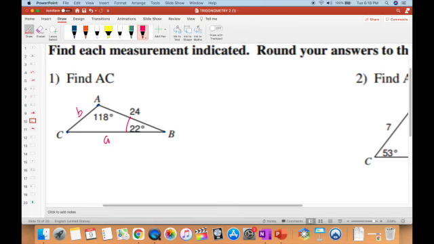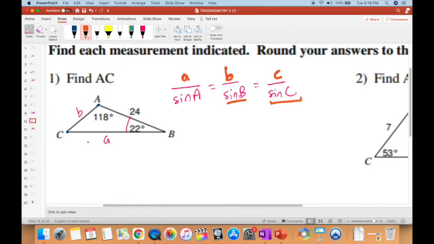Why, Scotia? Why can I use the sine rule? You can work out angle C. Yes, a over sine A is equal to b over sine B is equal to c over sine C. At the end of the day, I want to find B. I can't find the side A. The only thing I know how to find with a side is Pythagoras' theorem, and it's not a right-angled triangle.